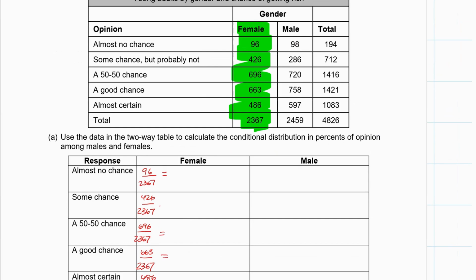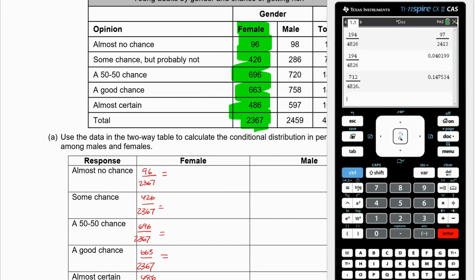All right. Each of these has a percentage. Again, bring up my calculator and I could say, all right, 96 divided by 2367. I'll put the decimal point on the end, so it gives me a nice decimal answer. That looks to be about 4.0%. Oh, I'm sorry, 4.1%.